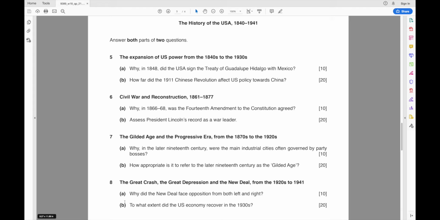You can't say, oh, I really like the A on the Great Crash, the B on the Gilded Age, this A on the Civil War, and this B up here in question 5. You won't get enough credit for that to pass. Pick 2 of the questions, whichever option you're doing, and make sure that you answer both the A and the B from those 2 questions.